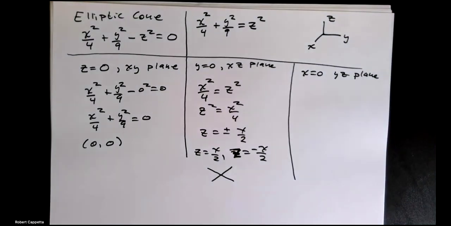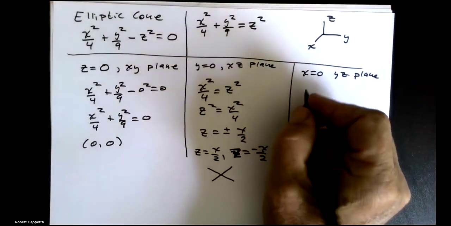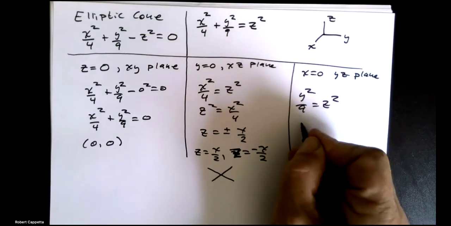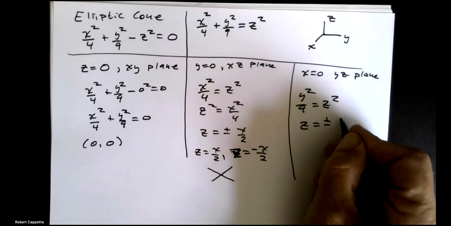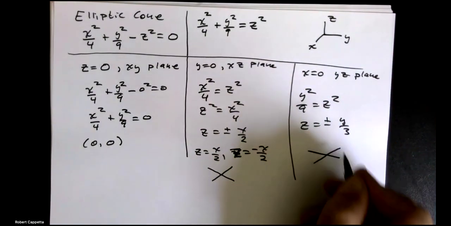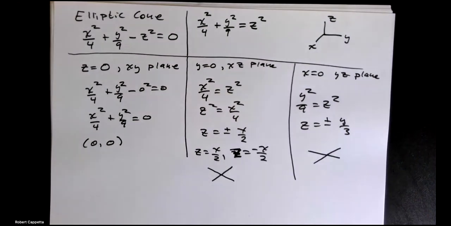So if x equals 0, what do we get? We get y squared over 9 equals z squared. So z is plus or minus y over 3. So again, we have intersecting lines. Now, is this enough for you to visualize what's happening here? Can you see what the shape is going to look like?